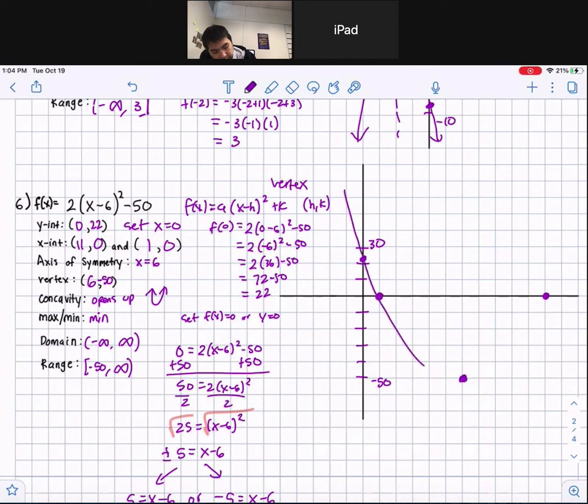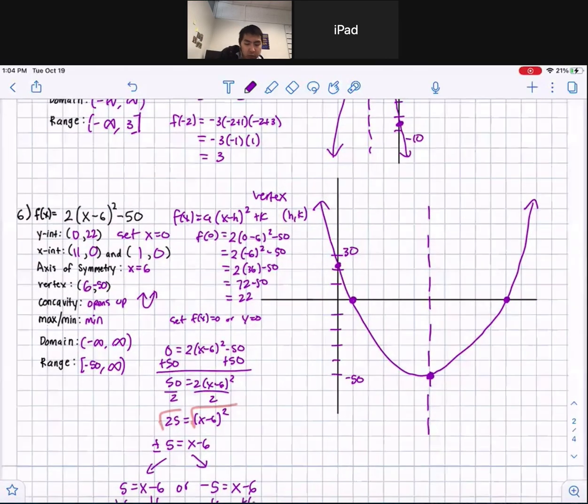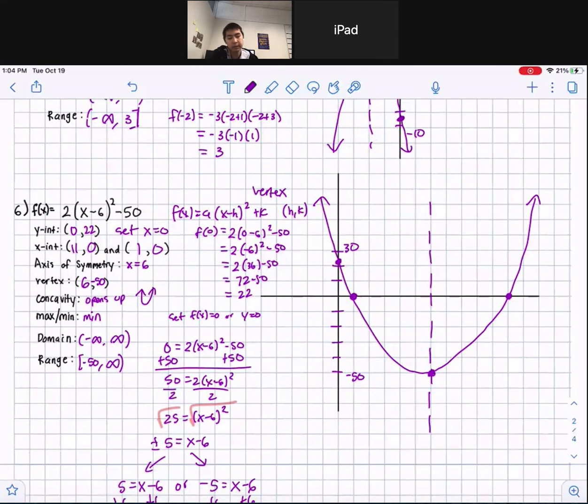And your graph is going to look something like that. Axis of symmetry on x equals 6. Again, you need to graph all your intercepts, x and y, your vertex, and your axis of symmetry in order to graph this to perfection.